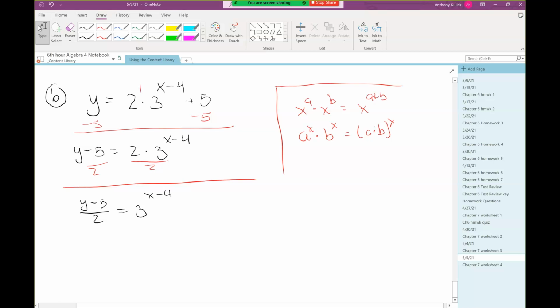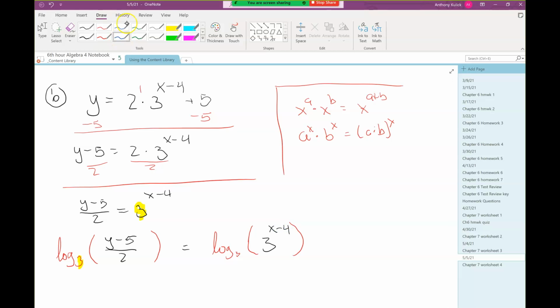So if we take log base 3 of both sides, that's what we want. Because it's the same as the base. So basically that'll allow us to cancel out the 3 from the x minus 4. Exactly.